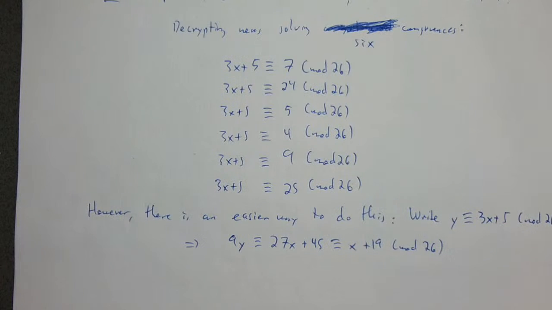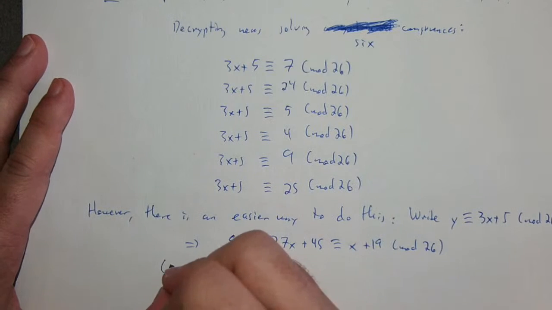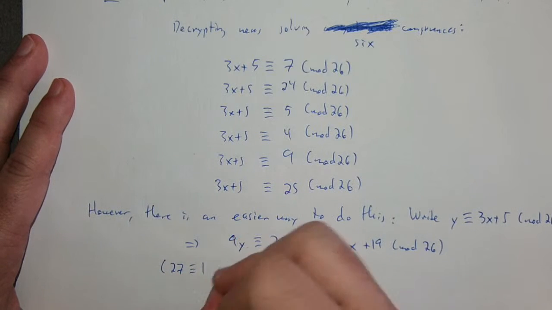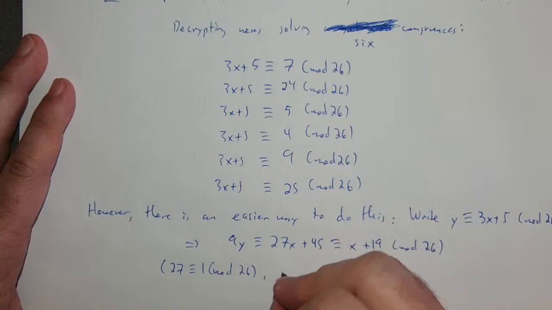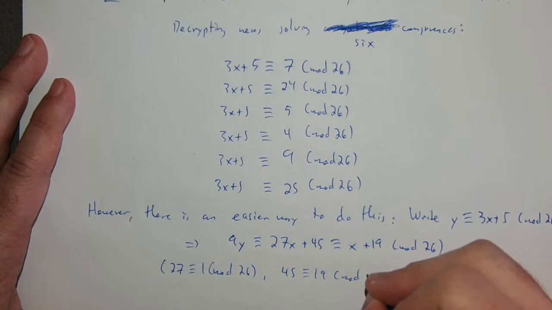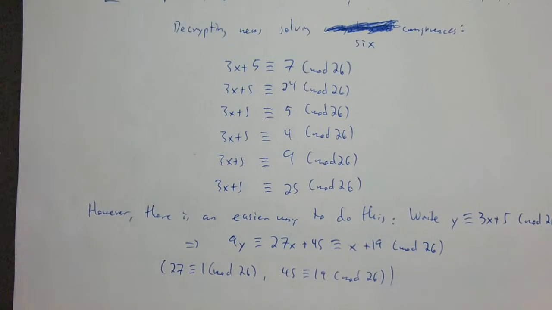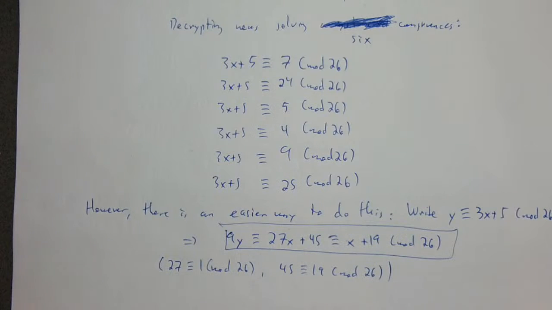Now, why did you do this? Why does this help you at all? Well, 27 is congruent to 1 mod 26, and 45 is congruent to 19 mod 26. So this is what you get. Why is that nice?